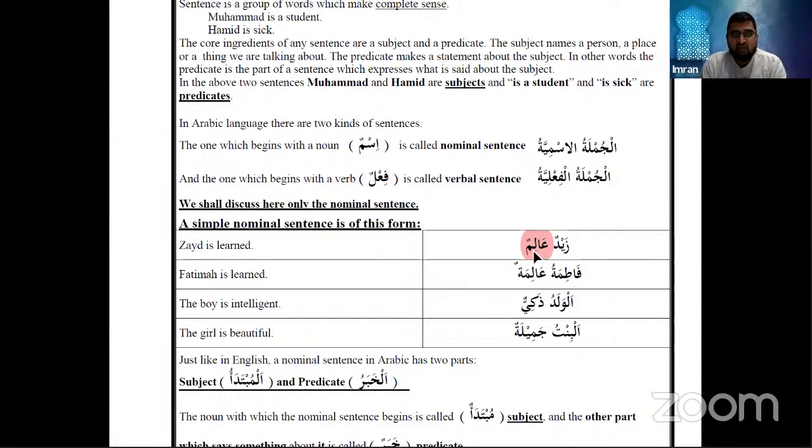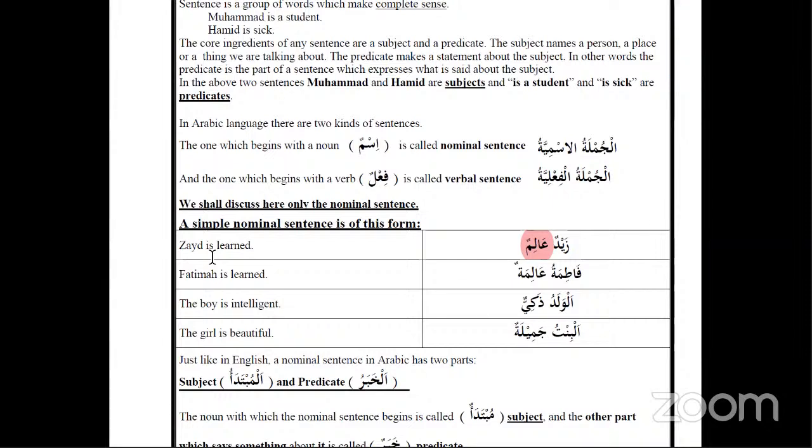Alim is getting a dhamma tanween, not because it is in the beginning of the sentence, but because it is having a relationship with Zayd, and this relationship in the English language is represented by "is." Is that clear?